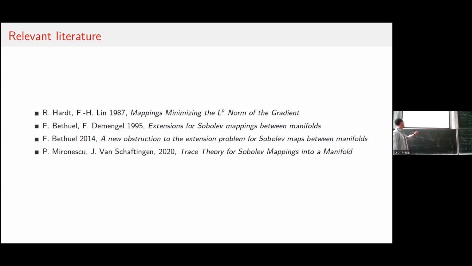When they use the retraction operator to construct these extensions of a Sobolev function between two manifolds, they also show that this P-1 connectedness is sufficient for this extension to exist. In this paper, they show that it's also necessary if N is simply connected. This necessity is what we are missing, and that's why this is interesting for us.